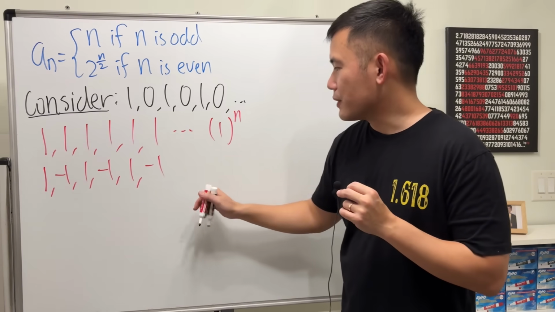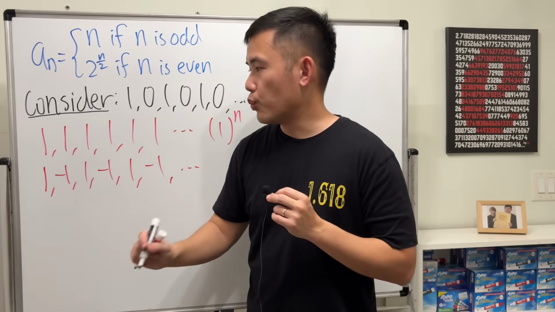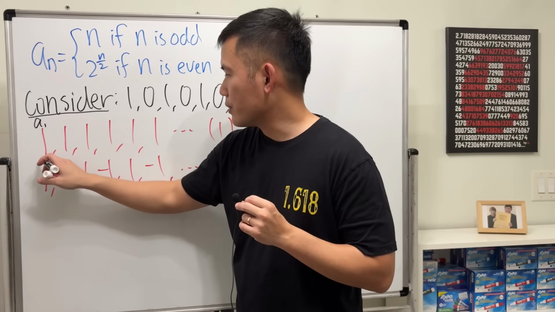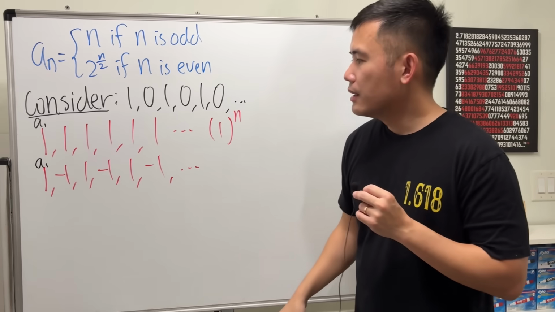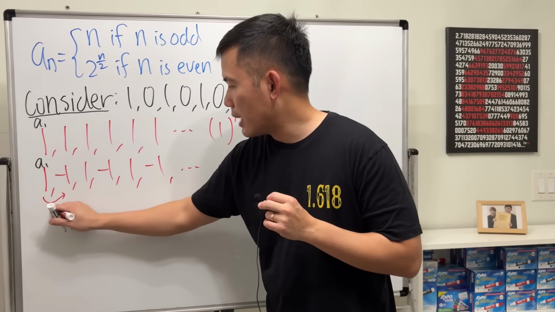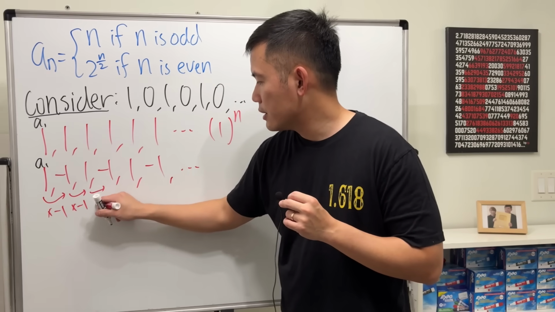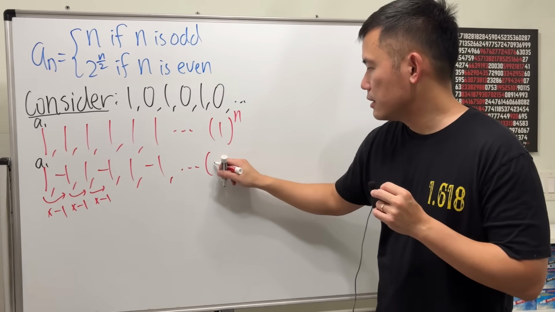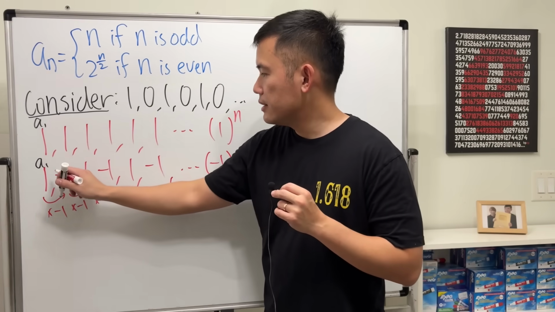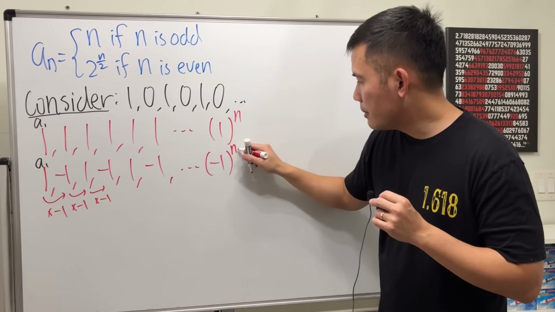Okay, to get a formula for this, remember the index starts at n equals 1. This is our A1 formula. Notice when you go from here to here, it's just multiplied by negative 1. And so on. So that's the base. And then because n starts at 1, the exponent here is n minus 1.